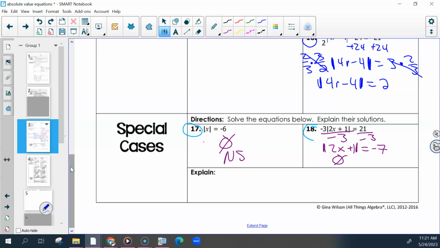Then we could drop the absolute value bars and set it equal to 2 and negative 2. And solve both.